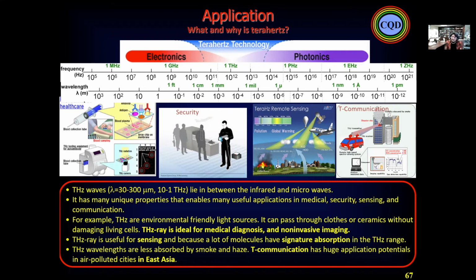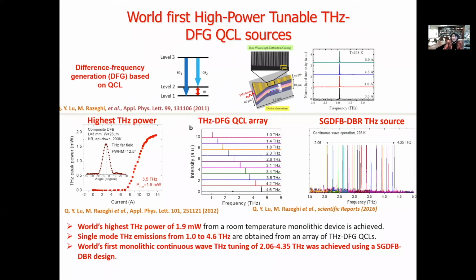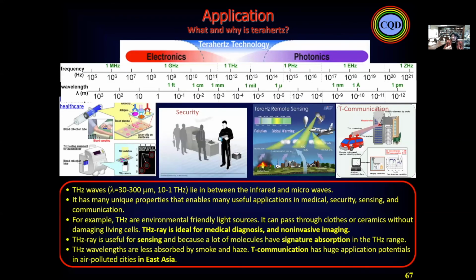But what we need to make it useful is a room temperature, high power semiconductor diode that works in terahertz. So that was, again, by using the QCL, and at the same time, nonlinearity in the QCL. We know that by optimizing the second order nonlinear susceptibility, we can have terahertz emission through difference frequency generation.